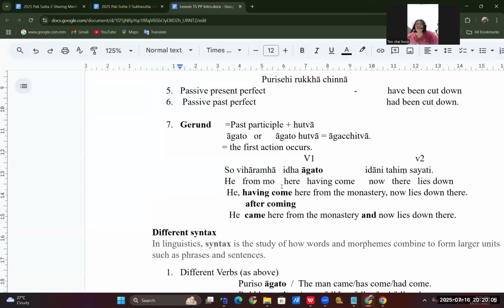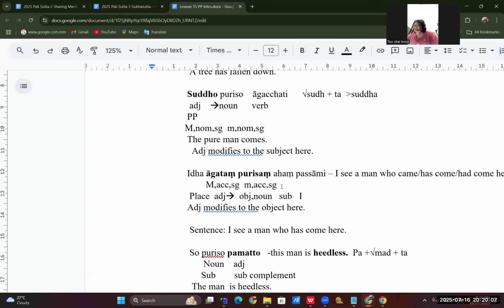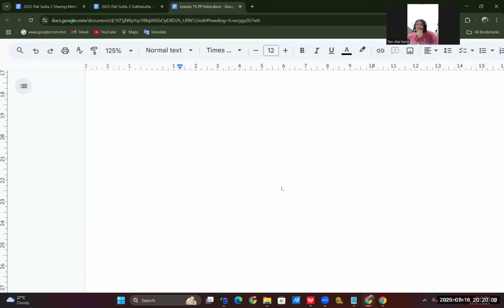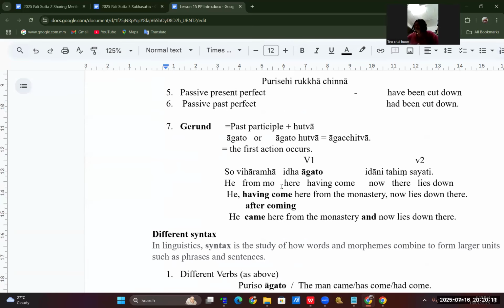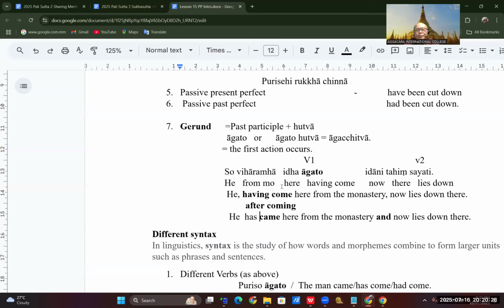This one we don't bother whether it's correct in grammar or not. "He came here from the monastery and now he lies down there" is a bit odd in the grammar sense. Or we can translate "he has come", which means that he has come from the monastery, meaning this action is not long ago.